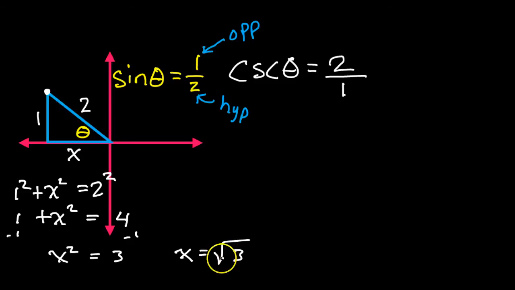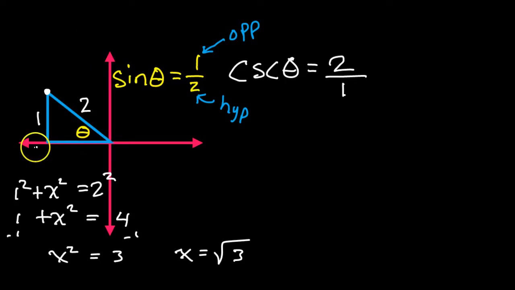Normally we'd say plus or minus square root of 3, but these lengths can only be positive. However, well, maybe we should think of it as plus or minus square root of 3, because the way we're going to know whether it's positive or negative is by the quadrant.